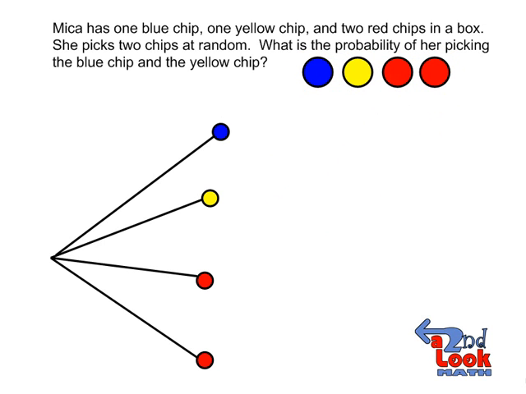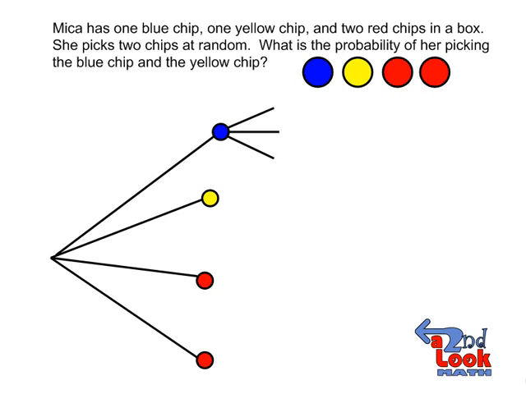Now the first decision could be when she draws a blue, a yellow, or either one of the reds. After this, we have a second chip being drawn. So if we can envision the first chip being drawn as this blue one, then a second decision is going to be made from that blue chip.